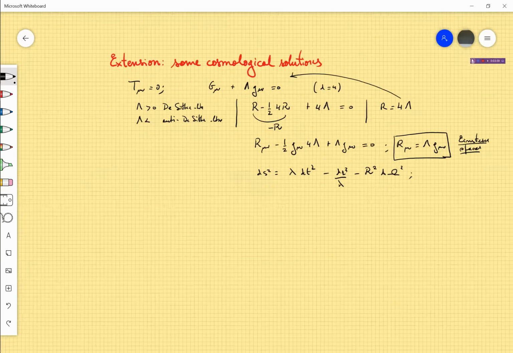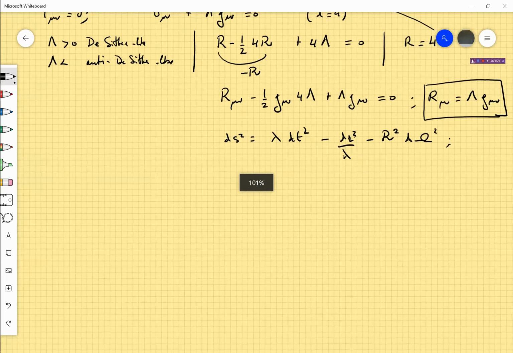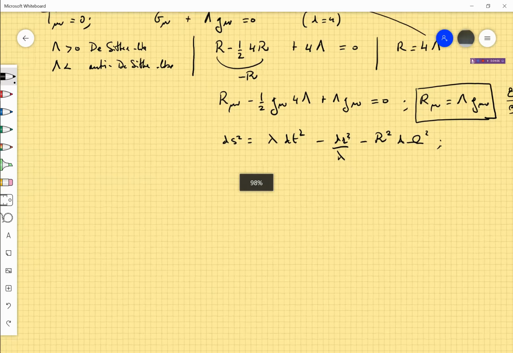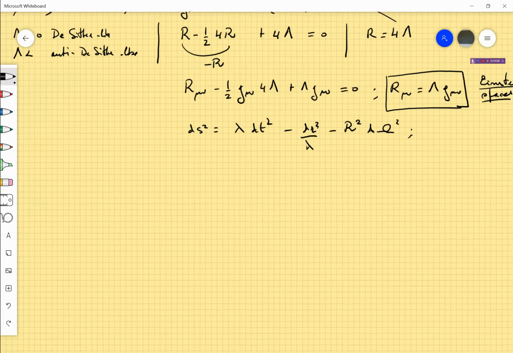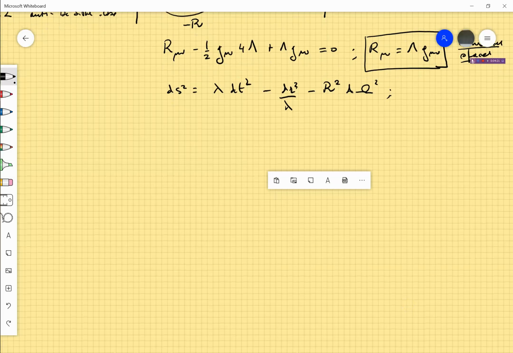Remember that we also have the form of the Ricci tensor. We computed it before, so we are ready to substitute the components of R mu nu and the components of the metric in the equation.